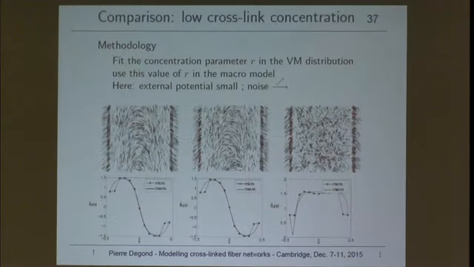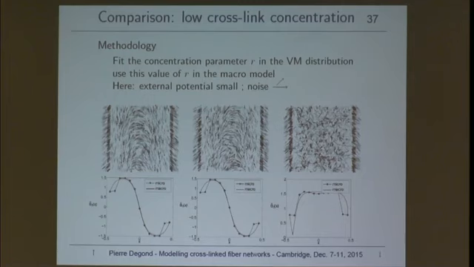All right. So now we did a comparison with the macroscopic model, and we get mixed results that vary according to the crosslink concentration. The crosslink concentration is tuned by the ratio of the crosslinking and unlinking frequencies.